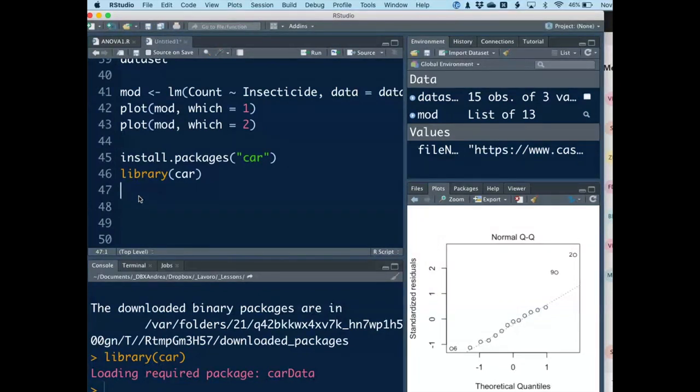Yeah, I think so. Now you need to load the library car, so you load it in memory. And next time, you don't need to install. You just need to load. And you, that's okay? So remember that next time you don't need to install.